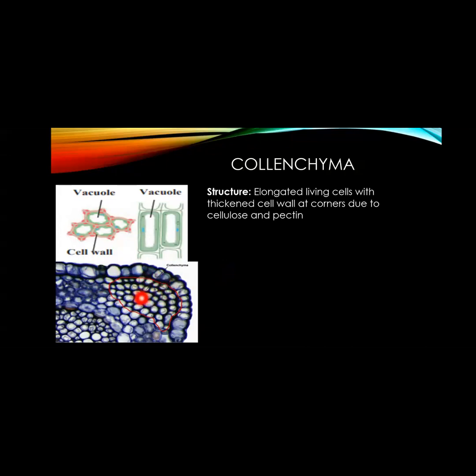So it has a thick cell wall and here you can see this red color structure. That is the deposition of cellulose and pectin. Due to deposition of cellulose and pectin, Collenchyma has a thick cell wall.